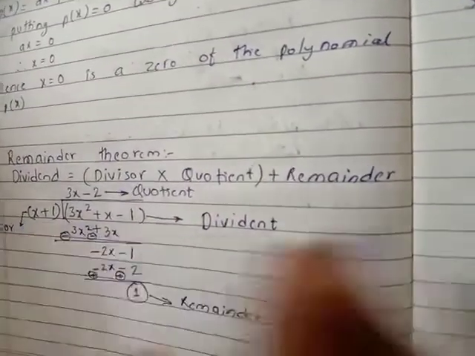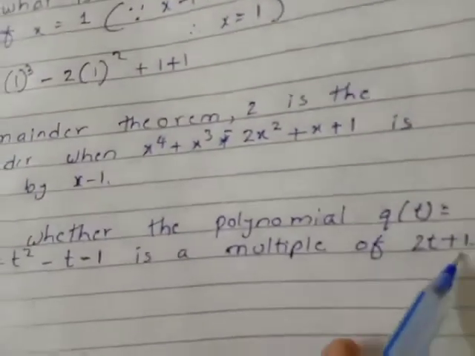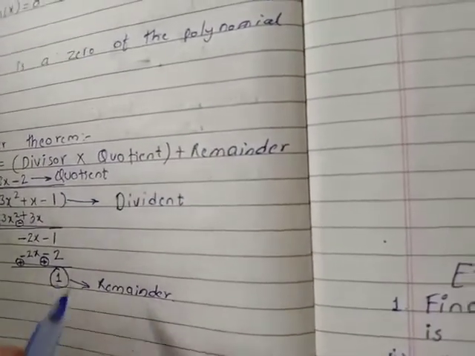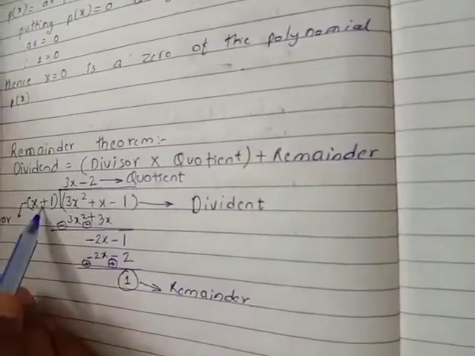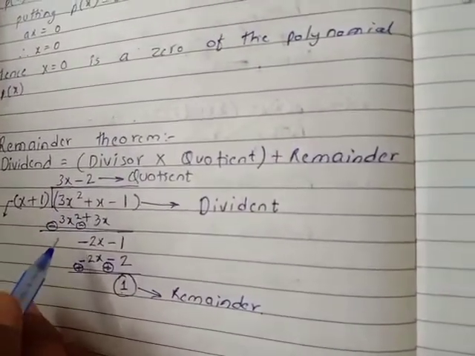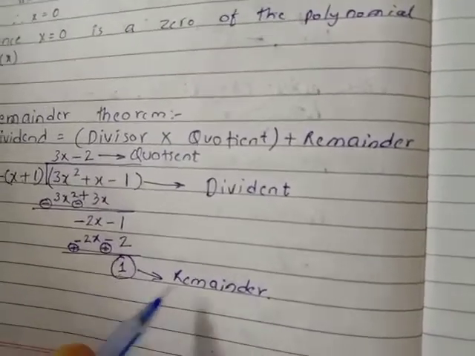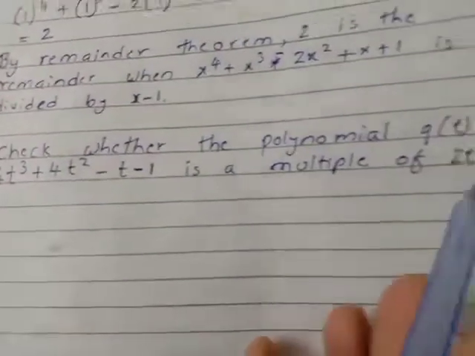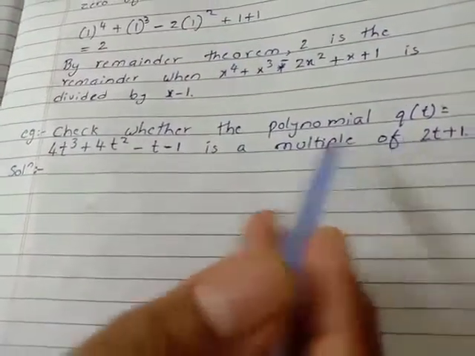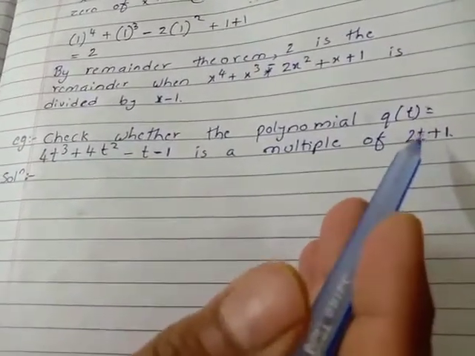In place of x plus 1, if you put 2t plus 1, and if the remainder is 0, then you can say that this is a multiple of this, okay. Here the remainder is not 0. Now let's see in this case whether the remainder is 0. So we can say that this is a multiple of this, okay. Let's try to solve it.